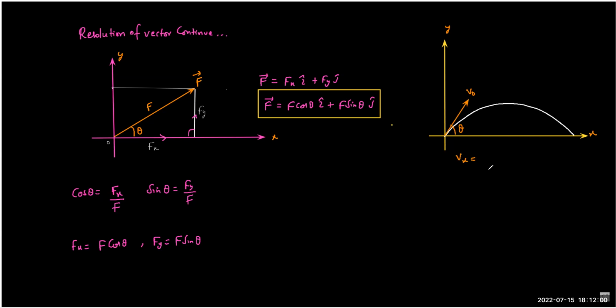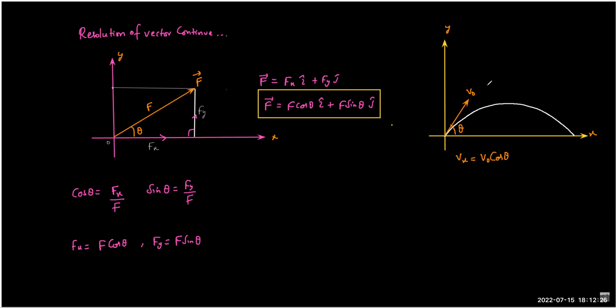What will be the value of vx, guys? Tell me. You can see this is the velocity vector having magnitude v naught and direction theta with the x-axis. What will be its x component? V naught cos theta.